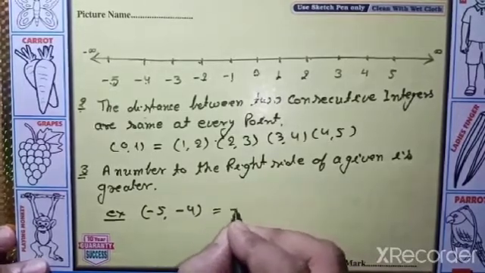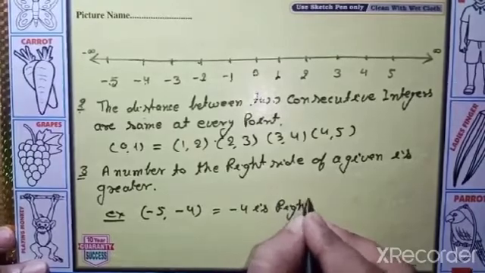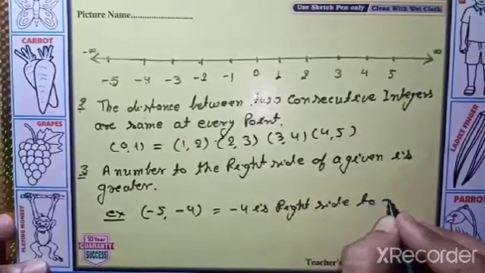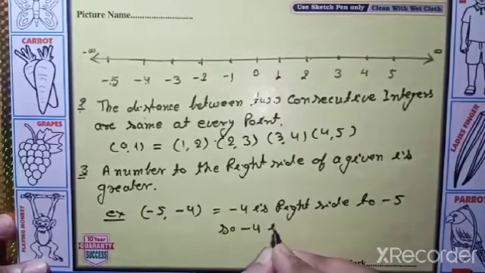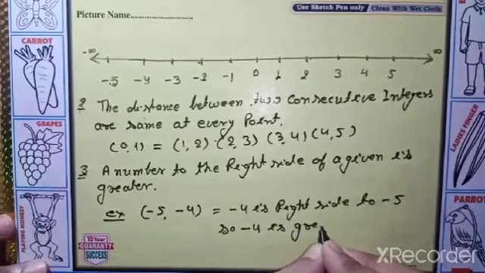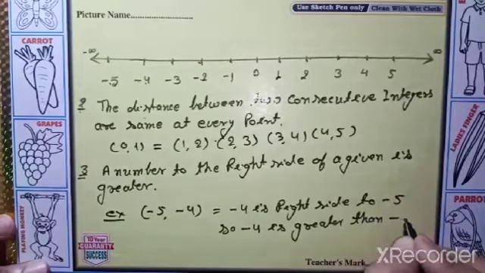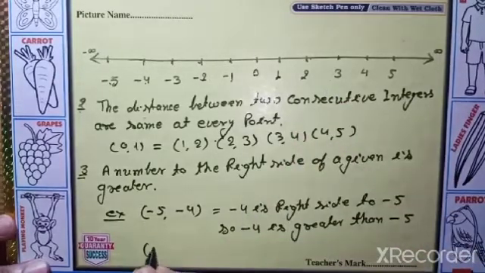Minus 4 is to the right side of minus 5. So minus 4 is greater than minus 5.